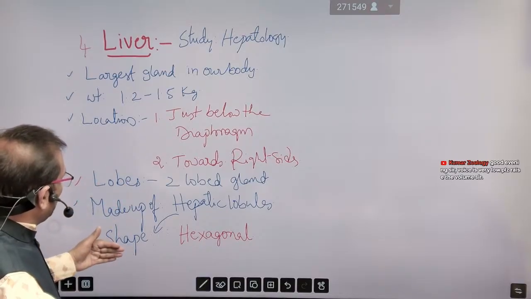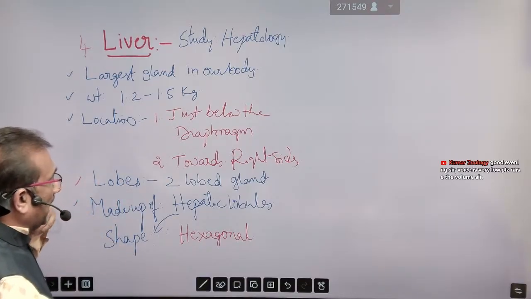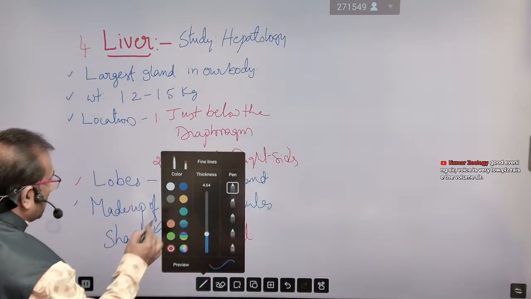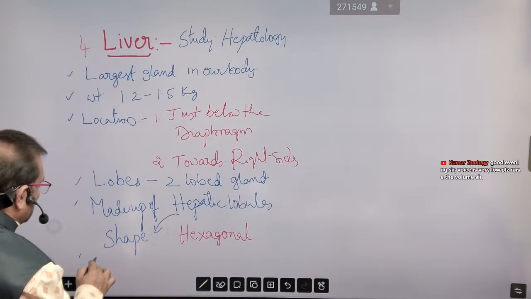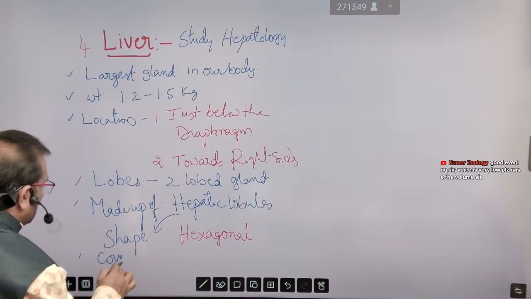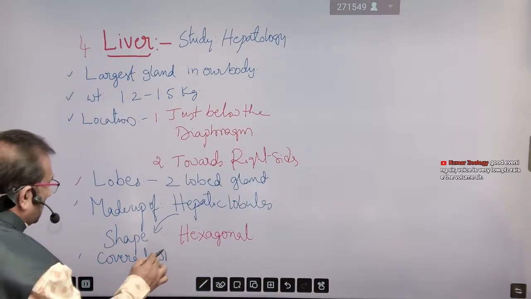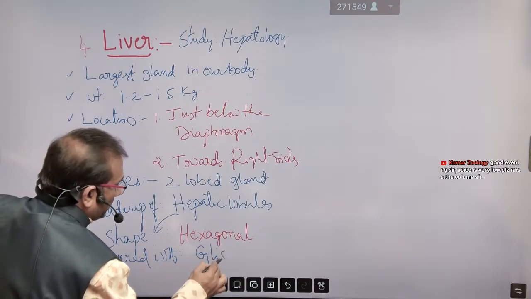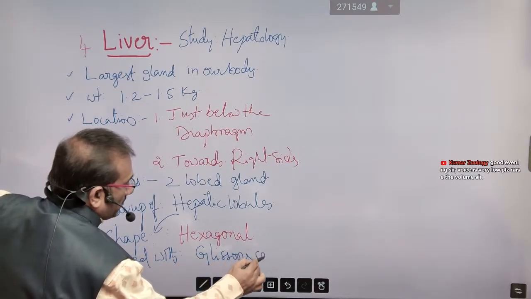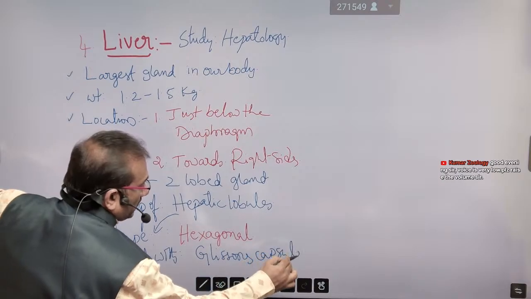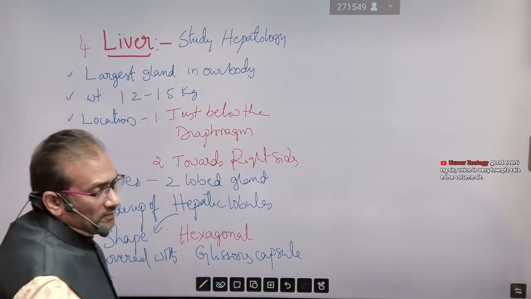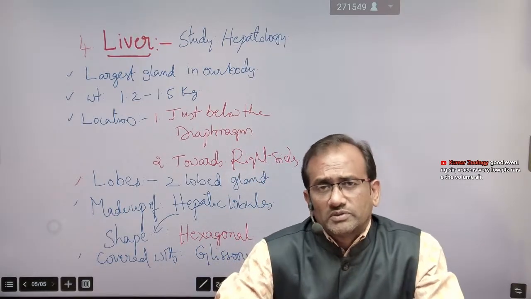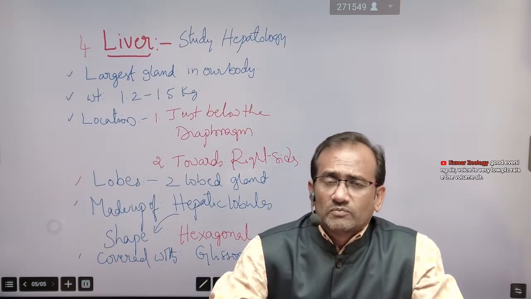The hepatic lobule shape is hexagonal, and hepatic lobules are covered with Glisson's capsule. Glisson's capsule is the membrane that surrounds the liver's hepatic lobules. This is the most important.